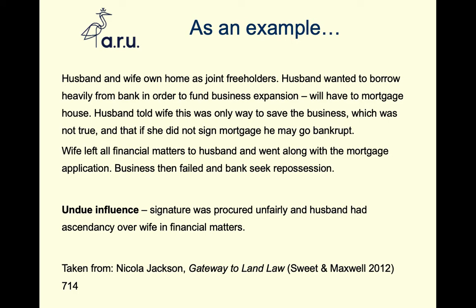The bank have lent money in return for a percentage of a house, and they aren't getting their money back. So effectively you could see this as two victims: the victim of the bank, who have given money and aren't getting it back, versus the victim of a wife who's been deceived by a husband and is effectively being kicked out of her home.